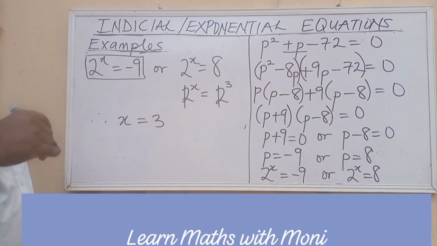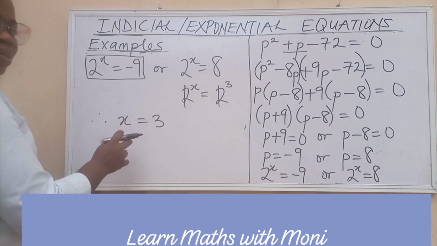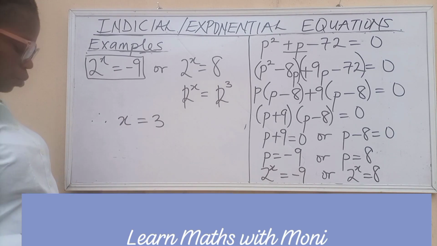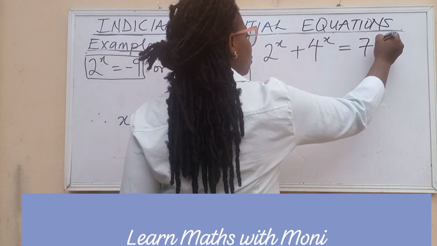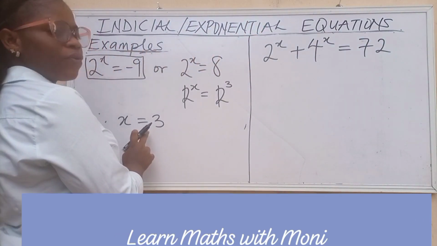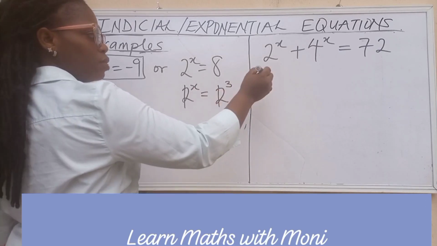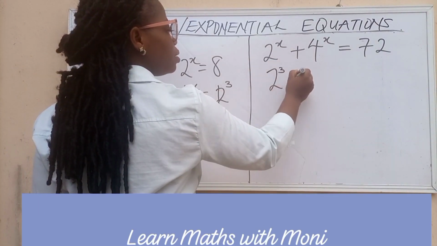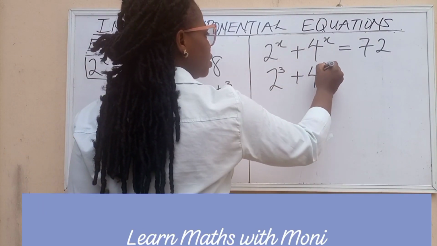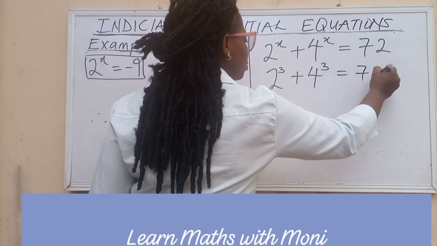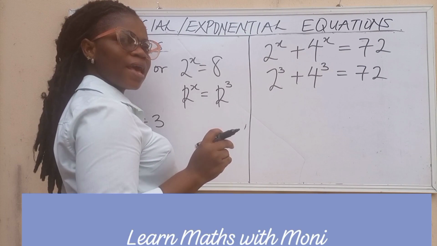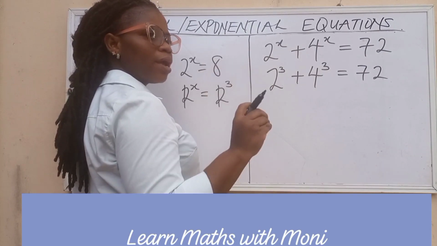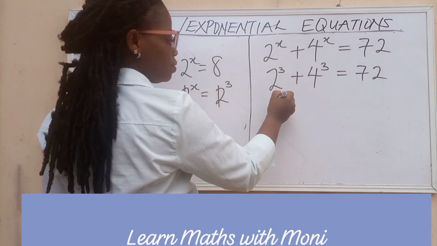Let us work it backward and see if the x is actually 3. Let's go. 2 raised power x plus 4 raised power x equals to 72. So if x is 3, that is 2 raised power 3 plus 4 raised power 3 equals to 72. 2 raised power 3, that is 2 multiplying itself in 3 places, 2 times 2 times 2, 8.